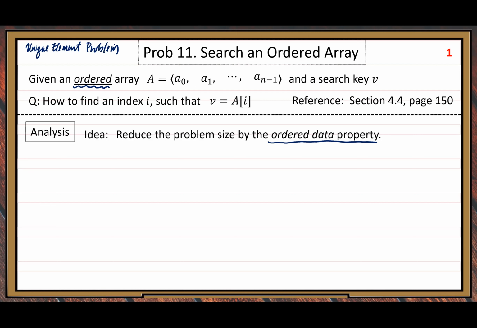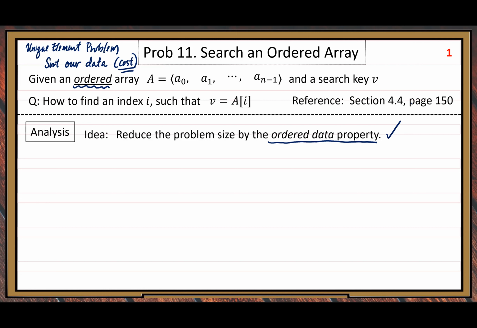In the second method, in order to improve the efficiency, we sorted our data first. We spent quite some time, so there is a pretty high cost for this sorting step. But here, the good thing is we do not need to spend any time. We have a sorted array.